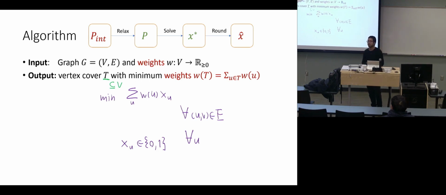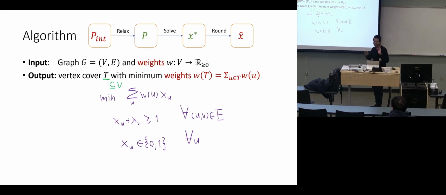x_u plus x_v is no less than 1. Yeah. x_u plus x_v is at least 1, right? Because this would mean that at least one of the endpoints u or v needs to be chosen for every edge. And you see that this exactly captures the problem.